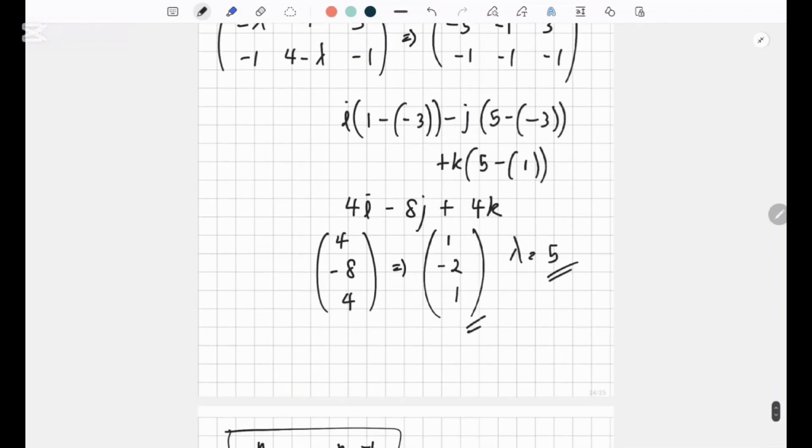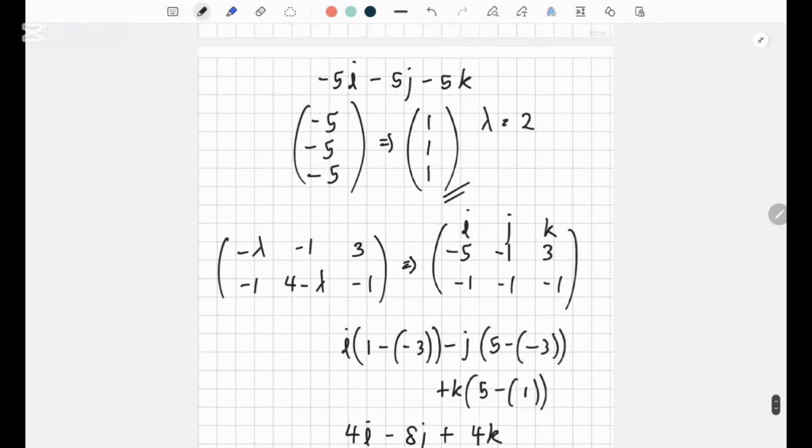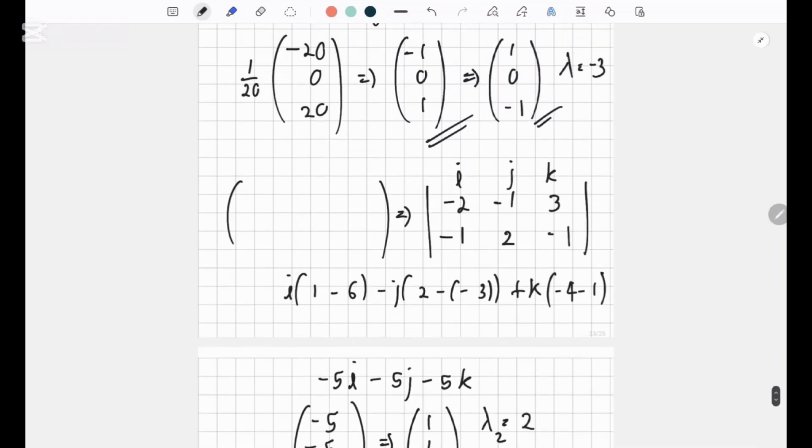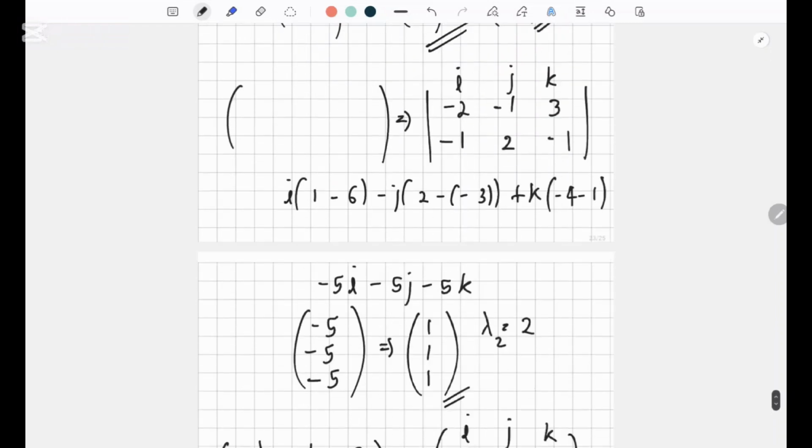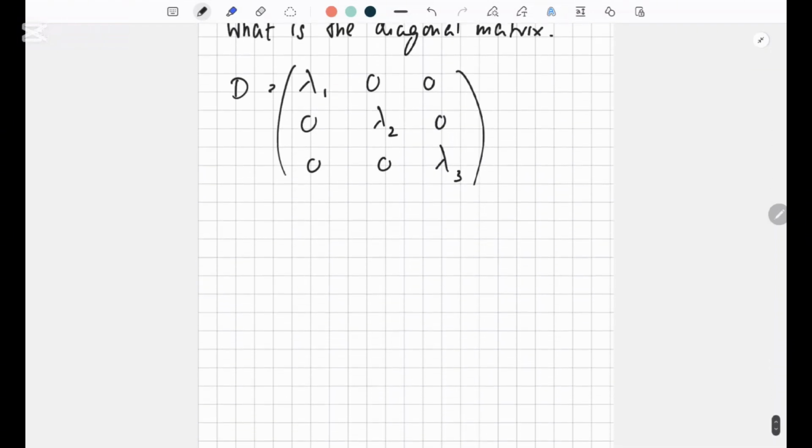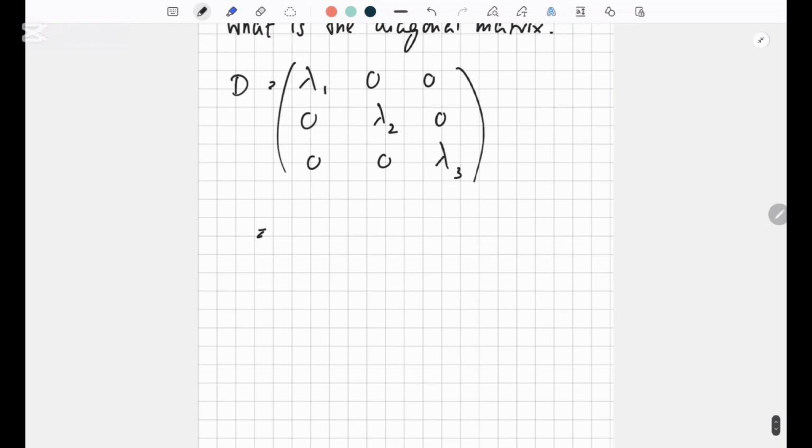So 3 different values of lambda. I forgot to put the values for lambda: lambda 1, 2, and 3. Go from smallest to biggest. So it's minus 3, 0, 0; 0, 2, 0; 0, 0, 5. That's your diagonal matrix, all right?